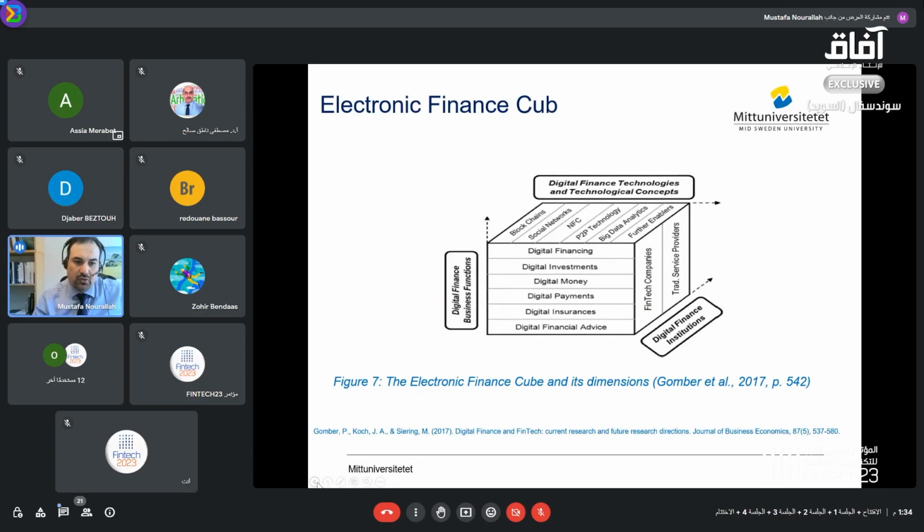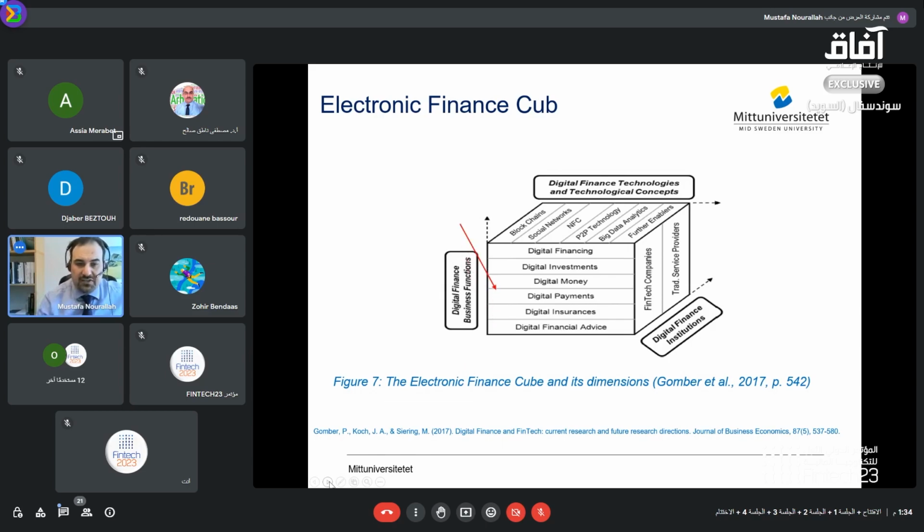So now going forward, I will talk about the four phases I mentioned in the diagram, and I'm borrowing a figure from Professor Gomber from Frankfurt Business School in Germany, who tries to use this scope of finance. It's very interesting to see financial technology.